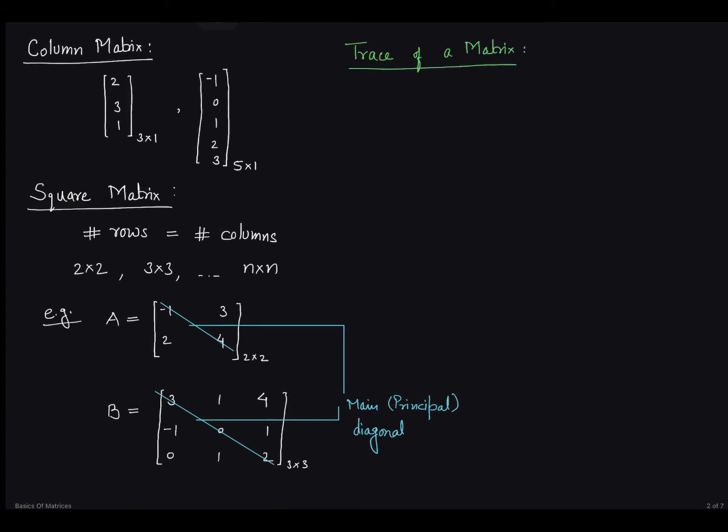So what is trace of a matrix? The sum of the main diagonal entries. That means we can find trace only for square matrices. So for example, the trace of this matrix is what?